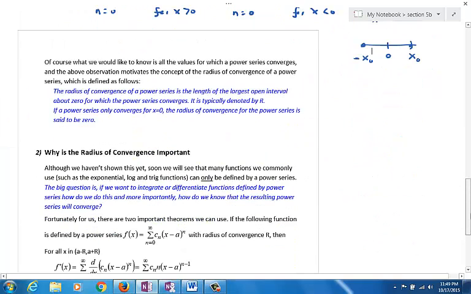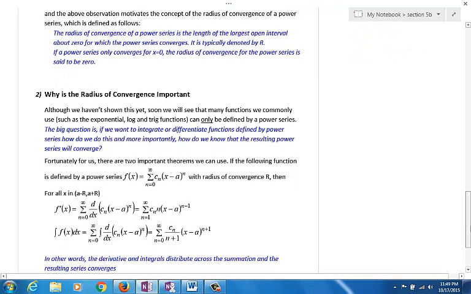Now, why is the radius of convergence important? Well, it's important because there are a lot of functions that can only be defined by power series. So, for example, the exponential functions, the trig functions, the log functions can only be defined in terms of a power series. And naturally, we want to differentiate and integrate these functions.